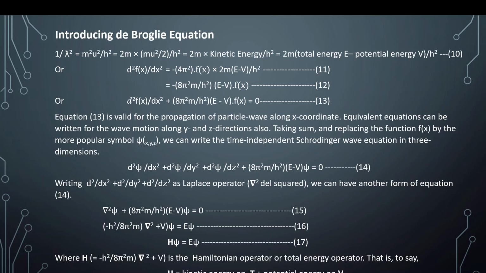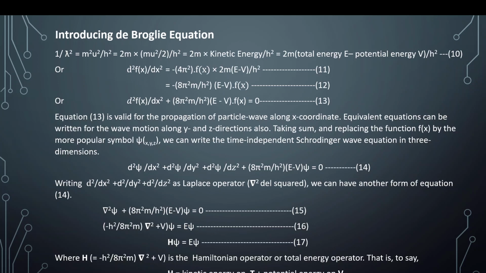Here I would like to remind you of one point. Sometimes the books mention h square upon 2m. That is simply using the modified Planck constant h upon 2 pi equal to h cross. So remember, this equation can also be written with minus h cross square upon 2m (E minus V) f(x).